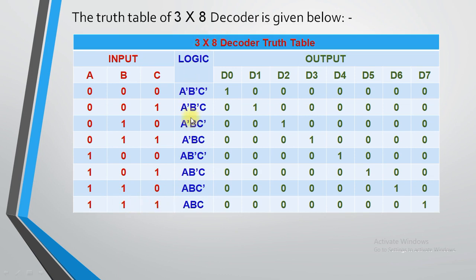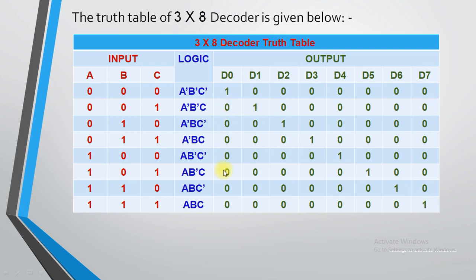So the logic you need to write in that way. Now you need to make a cross mark over here, and as I have told you, when all 3 input variables A, B and C are 1, at that time the D7 line is activated.